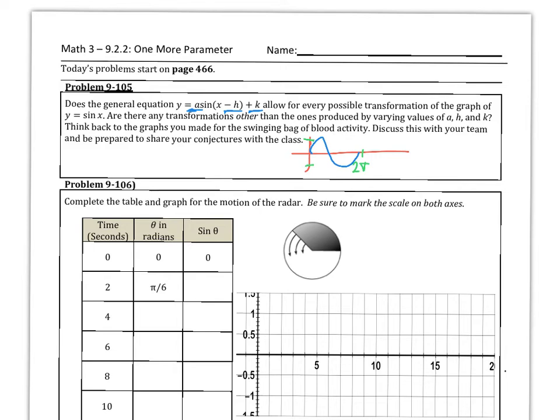The one thing we have not talked about is taking that normal sine function and changing the period of it, which is how quickly or slowly it repeats. So a sine function could kind of be squished together horizontally like that, or it could be stretched out horizontally like this. So we just haven't really explored that with the sine equation yet. So that's what we're going to look at today.